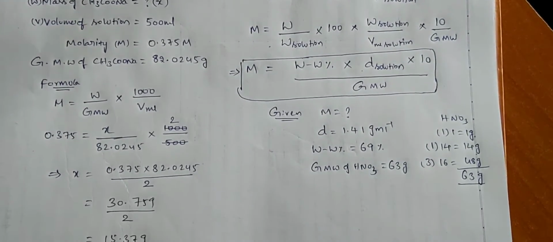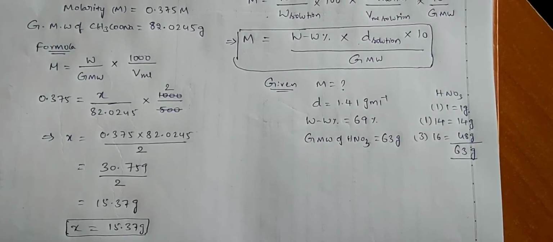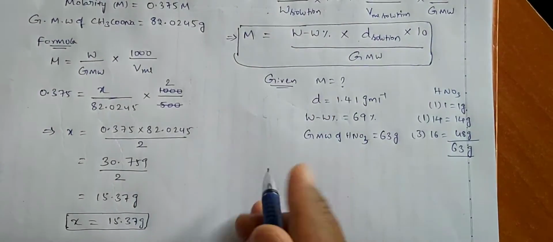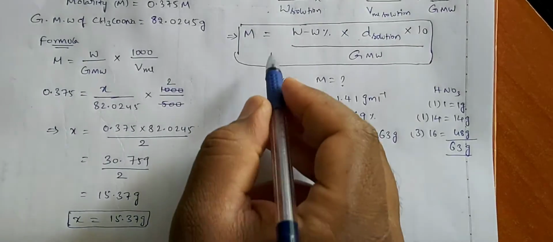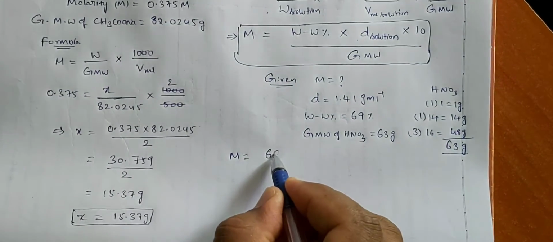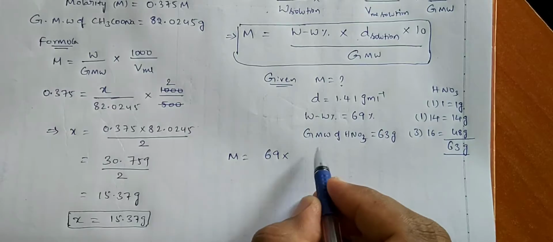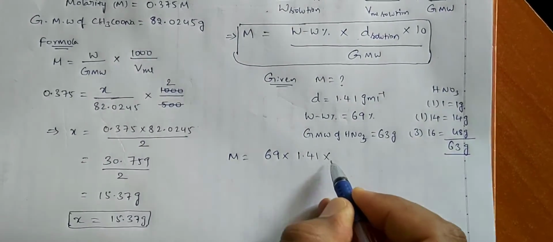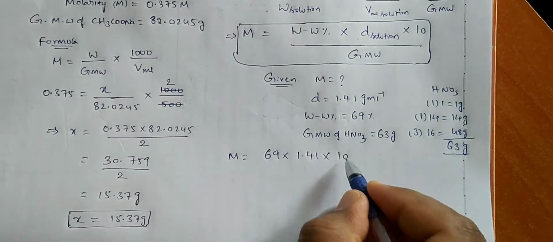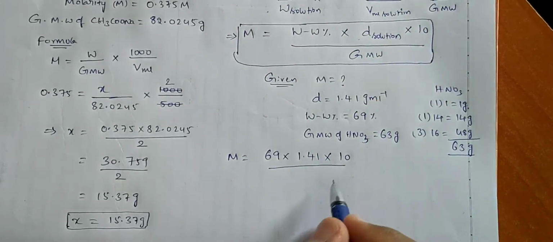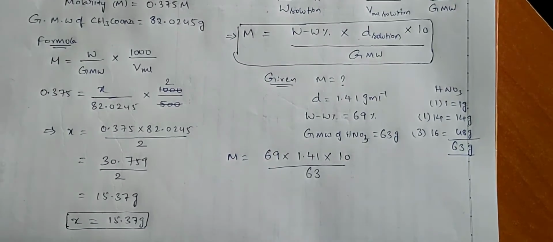This is the given data, and we have to substitute in the given formula. Then molarity M is equal to weight percentage value 69 into density of solution 1.41 into 10 divided by gram molecular weight of solute, 63 grams.